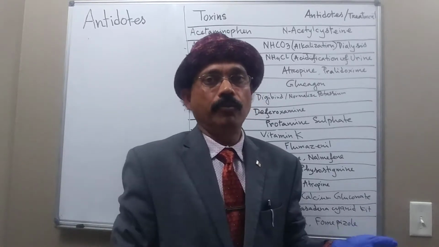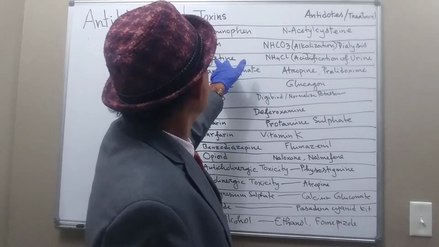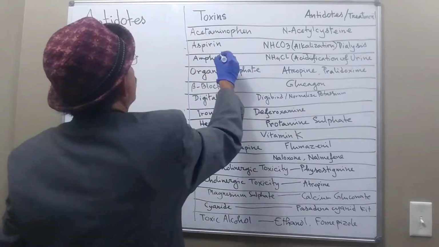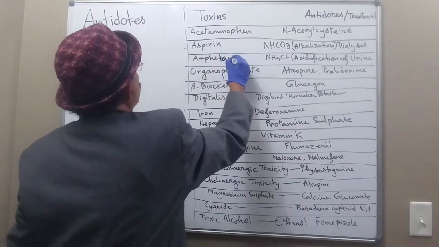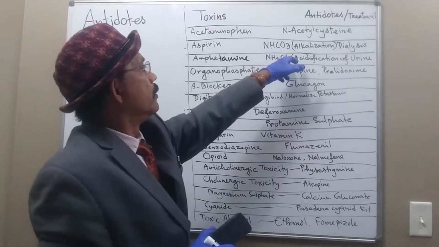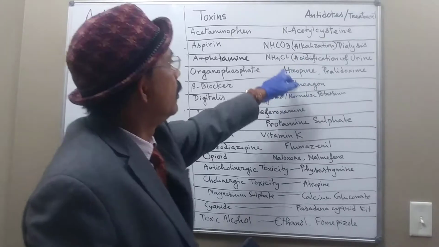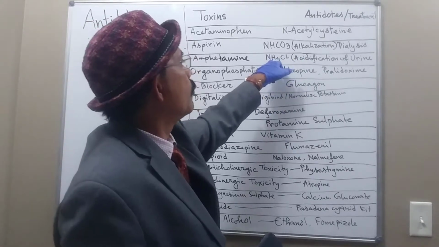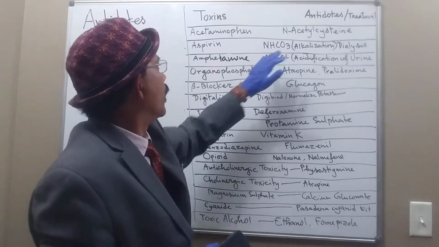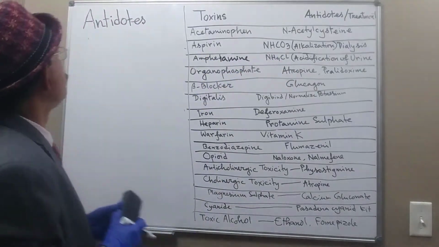It is a substance of abuse also, and it decreases body weight. It should be managed by acidification of the urine by adding ammonium chloride, so that it will be excreted properly.